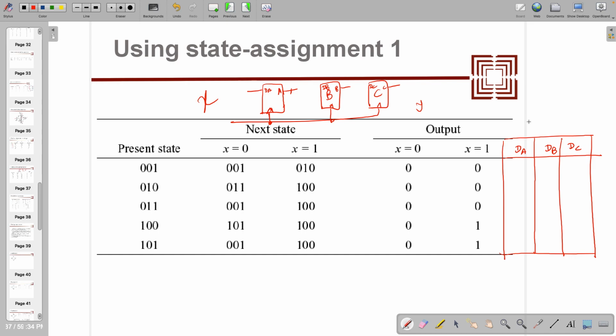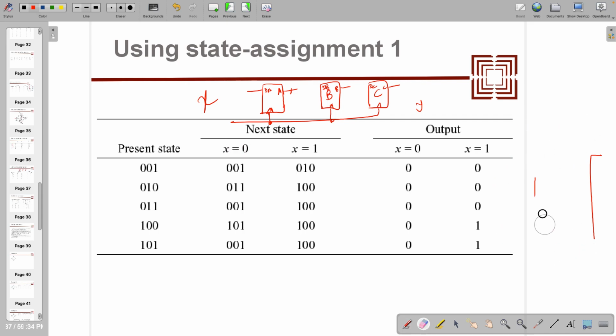So when x equal to 0 and x equal to 1, right? So x equal to 0, then this is exactly equal to, I can say that next state is equal to D, right? That is what we derived also, right? So this is also DA, DB and DC. This is also DA, DB and DC.